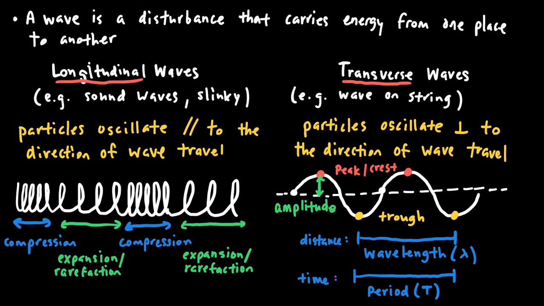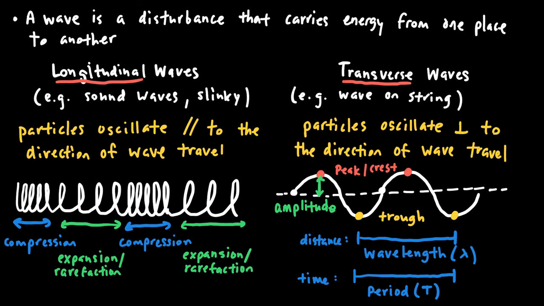And since it's a longitudinal wave, maybe the fact that they oscillate along the direction of wave travel will help you remember that. I can model a longitudinal wave by using compressions and expansions, or compressions and rarefactions, where the compressions are places where the coils of the slinky are closer together, and the expansions, or the rarefactions, are places where the coils of the slinky are more spread out.